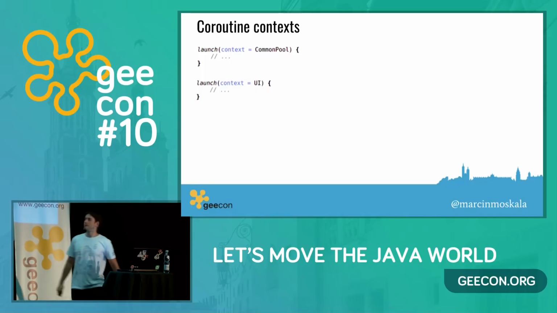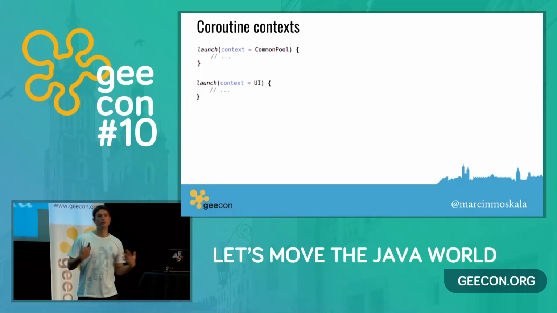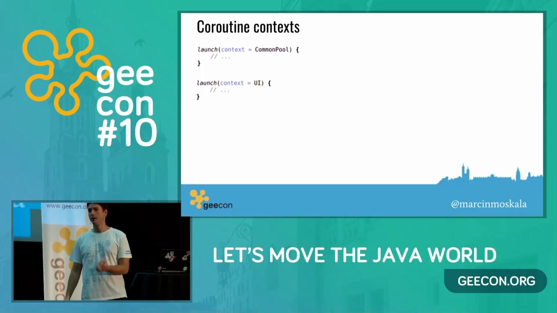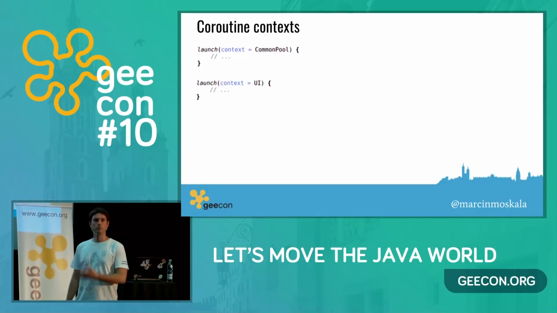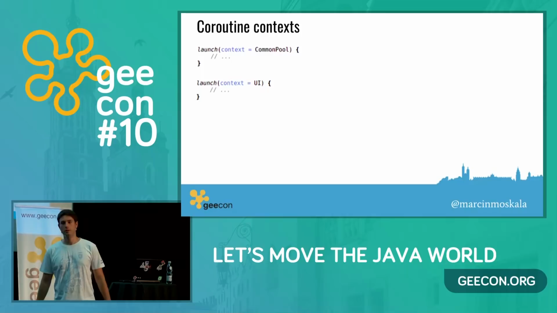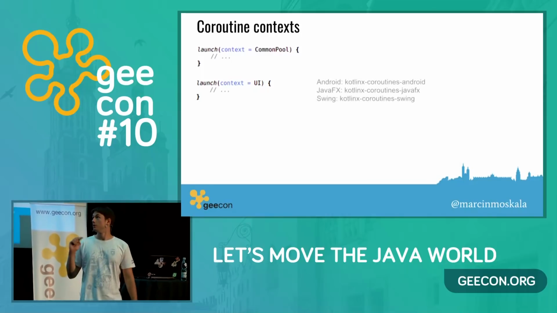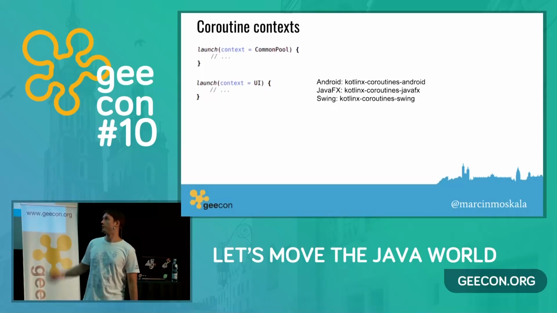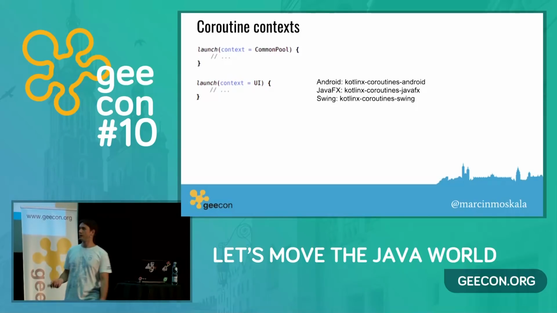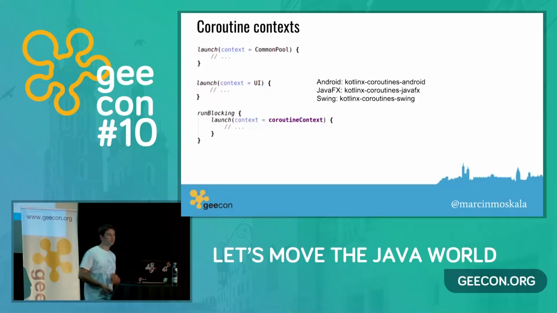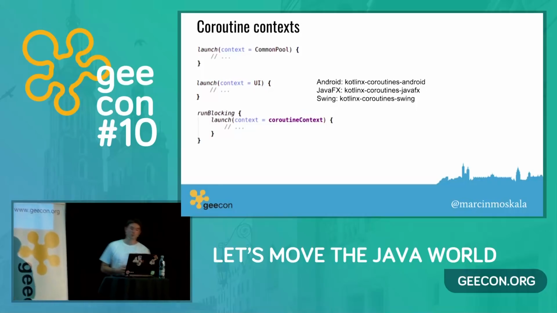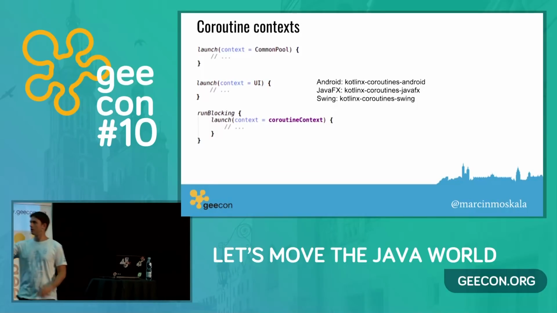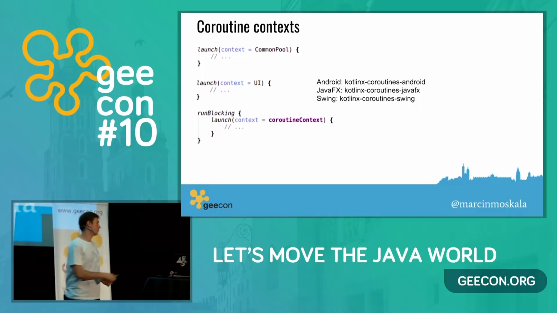UI asks to run your coroutine on the main thread, but what is a main thread in the Kotlin Coroutines library? There is no such thing. You need an additional library to provide UI for Android, for JavaFX, and for Swing. Another thing, you can use coroutine context, I can show you actually.